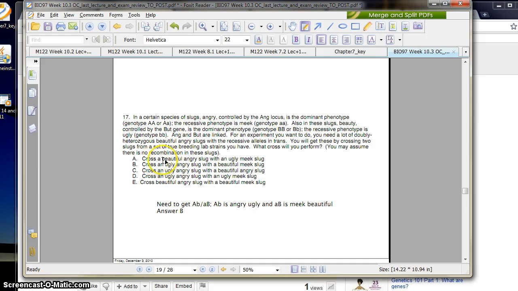Let's go with A. If you cross a beautiful, angry slug with an ugly, meek slug, that means you're crossing a beautiful, angry slug. Angry is dominant and beautiful is dominant. Will you get this? Two slugs from a set of true breeding lab strains.